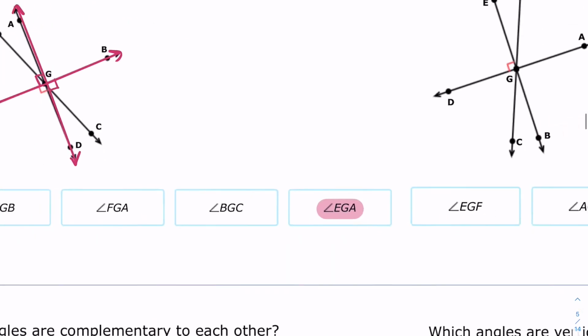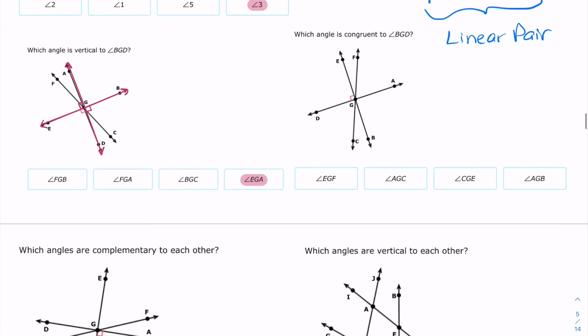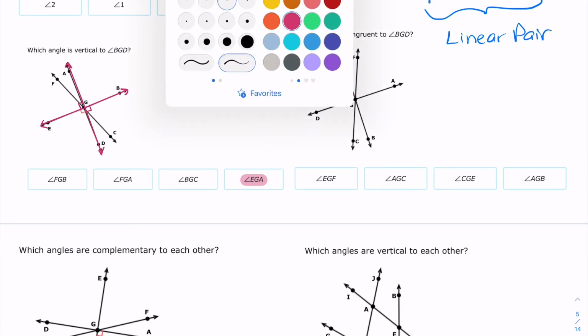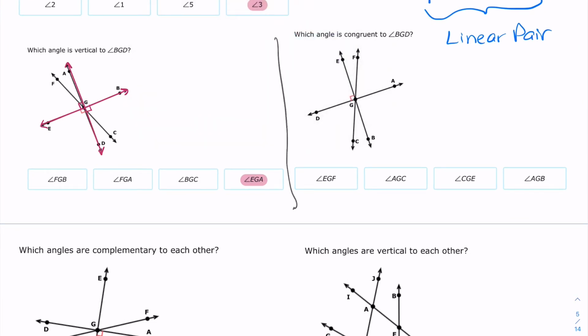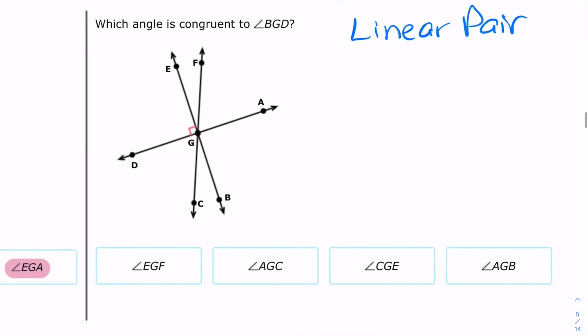All right. And what I'm going to do is throw a little divider in here because it kind of looks like, where does a question and answer end? And it ends right here. These are 2 separate questions. Okay, which angle is congruent to BGD?